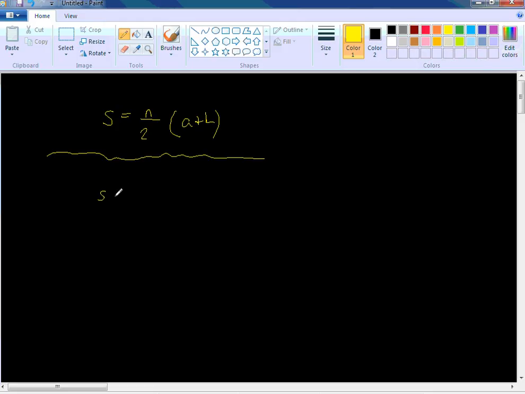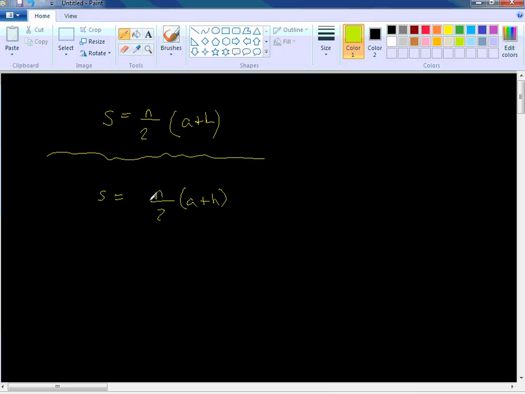So again, I have s equals n over 2 times a plus h. And the question again is, what's taking place right now? I'm changing colors, so we know what I'm going to do for each step.